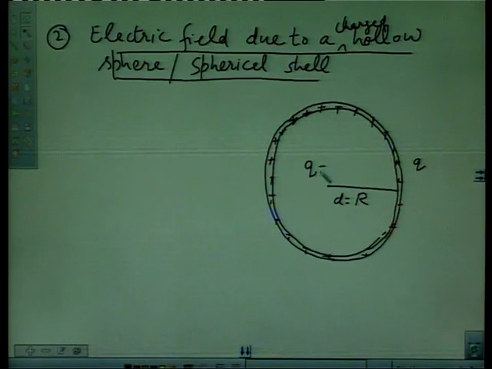Inside the hollow sphere, since it is empty, the charge will also be 0. So, we will find the electric field due to this sphere at different points.